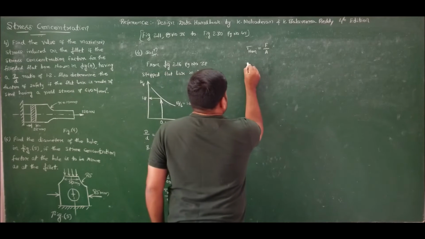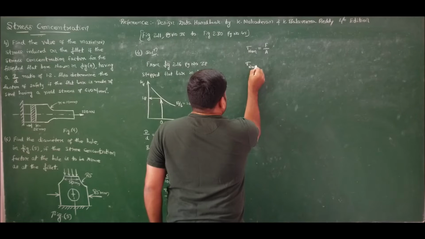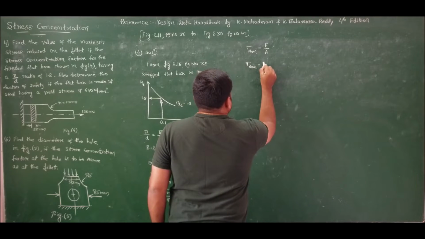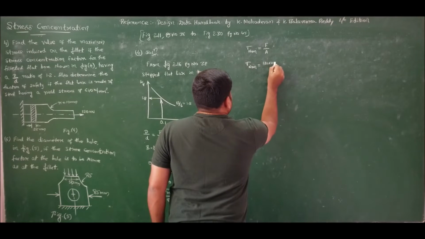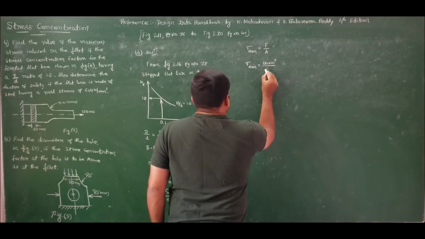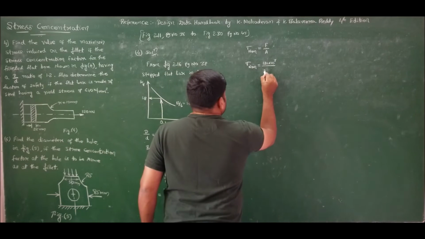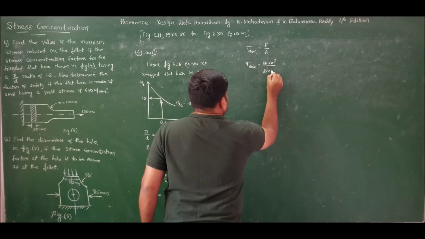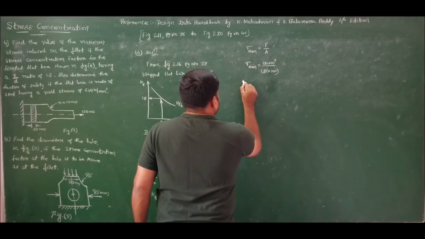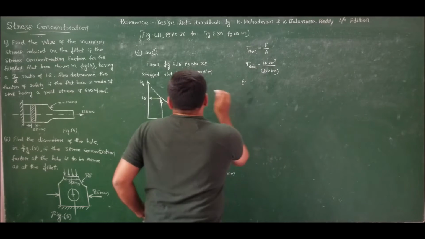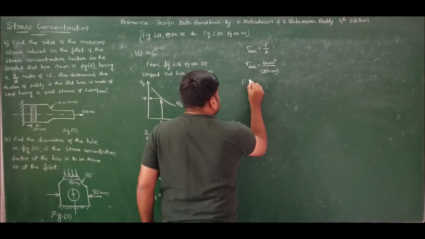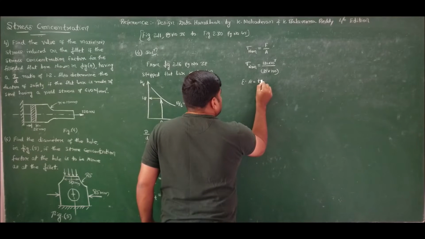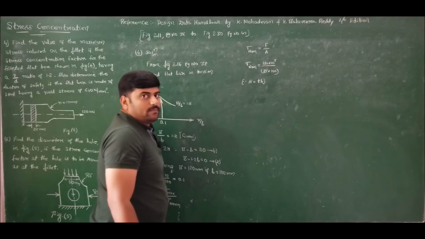If I substitute and solve, I will get the value of sigma nominal as 120 into 10 to the power of 3 divided by thickness 25 mm into b 100 mm, because in figure 2.16, page number 38, they have specified that the area should be taken as thickness times small b.